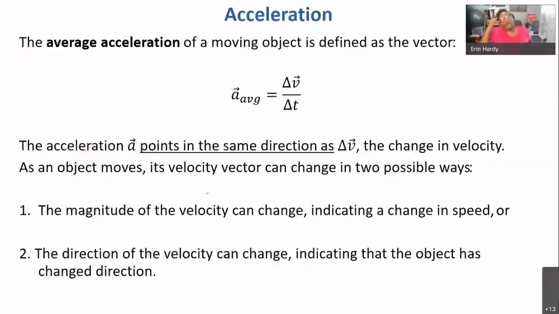However, you can also accelerate in a scenario where you maintain a constant speed, but you change the direction. Like, let's say you're turning onto a highway on-ramp. And let's say that you're that person who doesn't speed up as you get to the on-ramp.